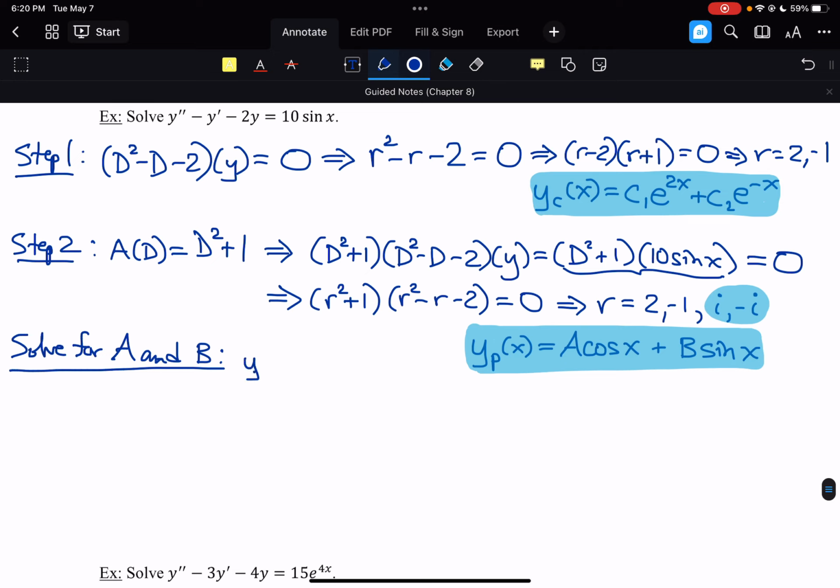So yp prime of x, the derivative, is going to be negative a sine x plus b cosine x. So that's y prime. And then we need y double prime. That's the derivative of this one, so it's going to be negative a cosine x minus b sine x.